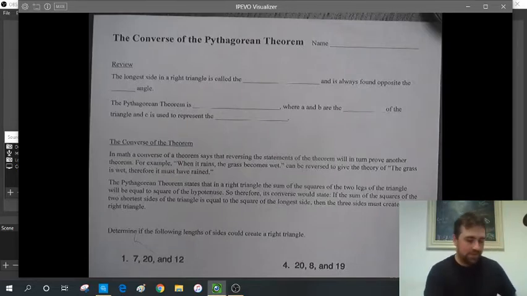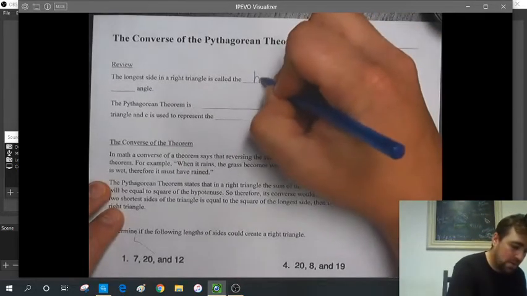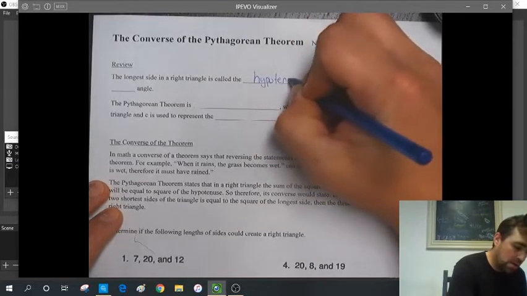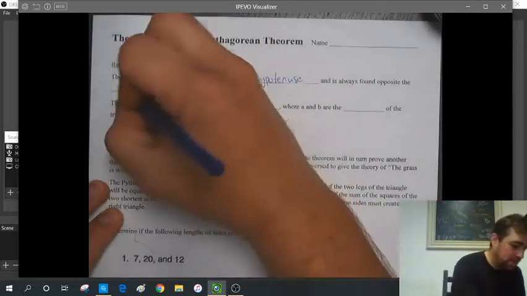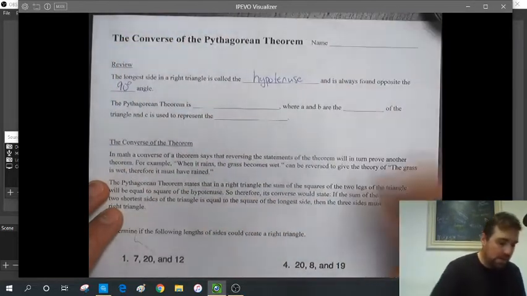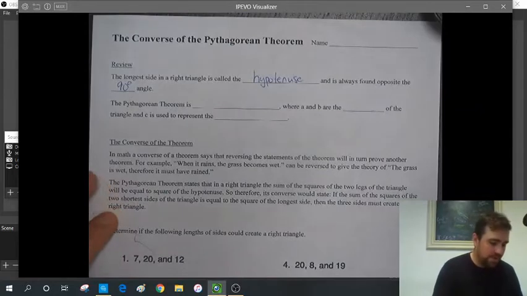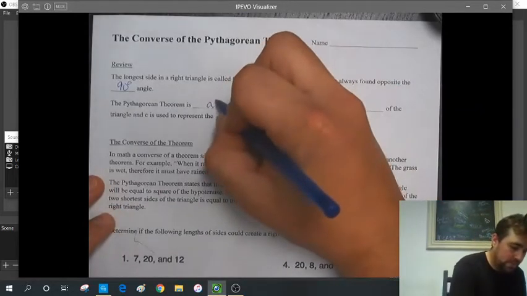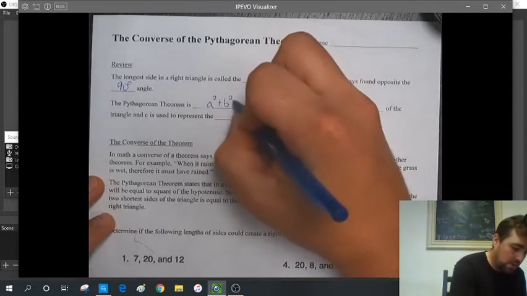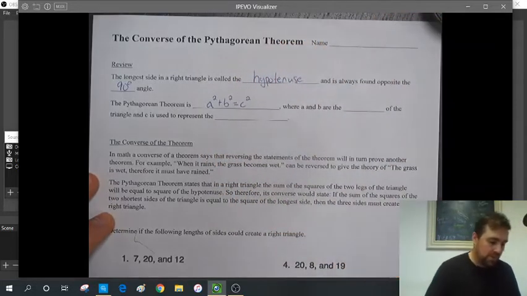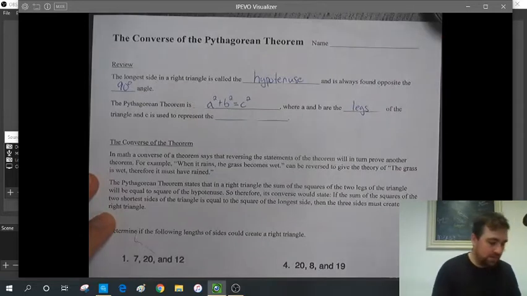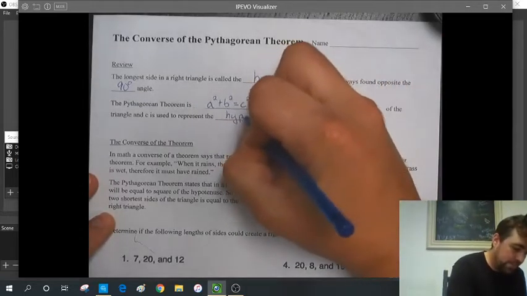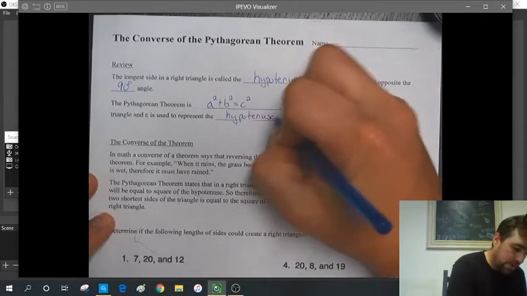So the longest side of a right triangle is called the hypotenuse and is always found opposite of the 90-degree angle. The Pythagorean theorem is a squared plus b squared equals c squared, where a and b are the legs of the triangle, and c is used to represent the hypotenuse.